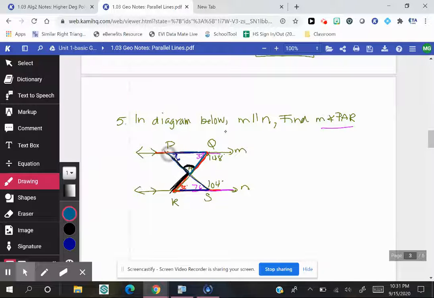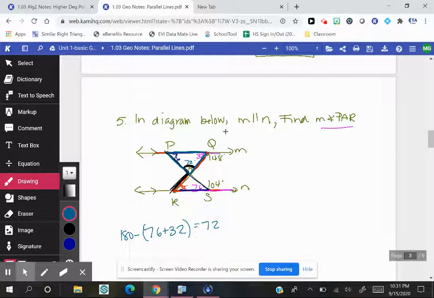And I know that in triangles, the angles add to 180 degrees. So I'm going to take 76 plus 32 and subtract that from 180. And that's going to give me my 72 degrees.